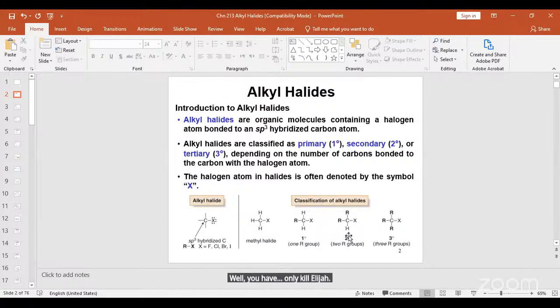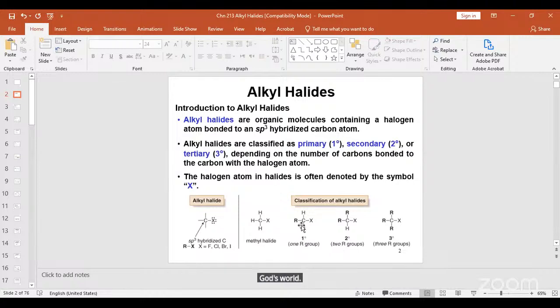When you have only 1 hydrogen atom bonded to the carbon bearing the halogen, talk of secondary alkyl halide. And when there is no hydrogen at all on that carbon bonded to the halogen, then you talk of tertiary alkyl halide.